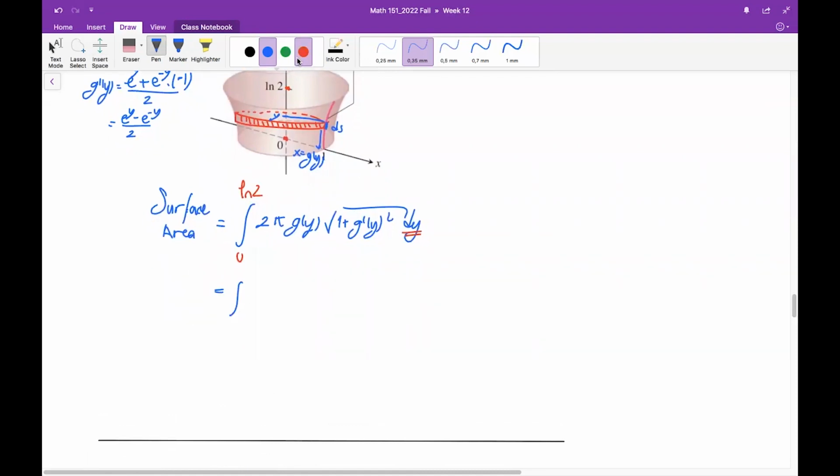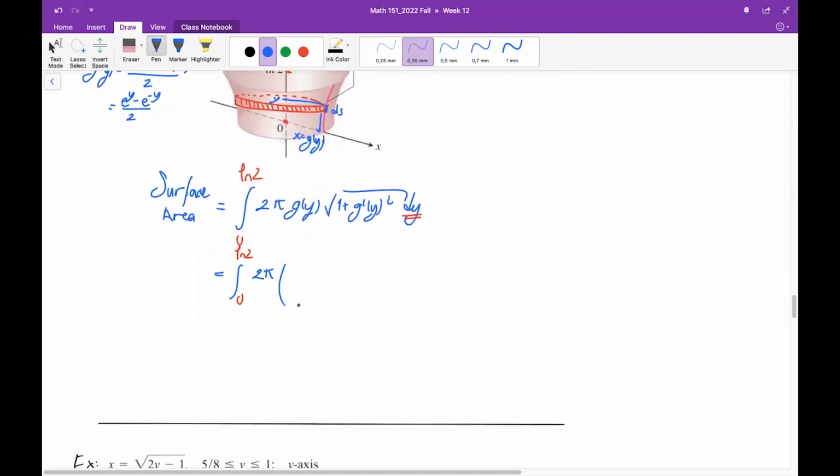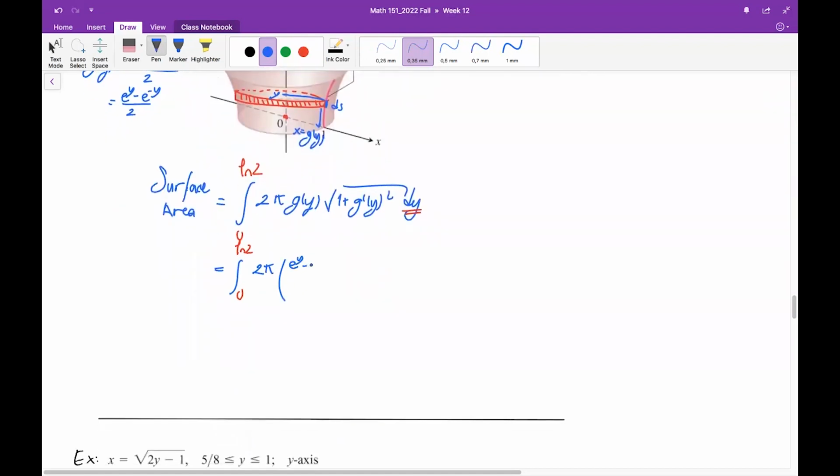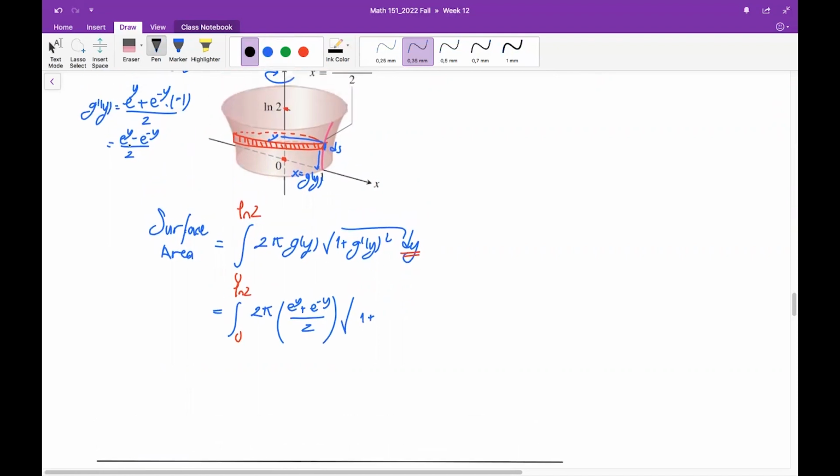So from 0 to ln2, these are the boundaries for y. 2 pi times this function, e to the power y plus e to the power minus y over 2, and inside the square root, what do we have? 1 plus the derivative computed here, e to the power y minus e to the power minus y over 2. Don't forget to put this square here, and then you can close the square root, dy.